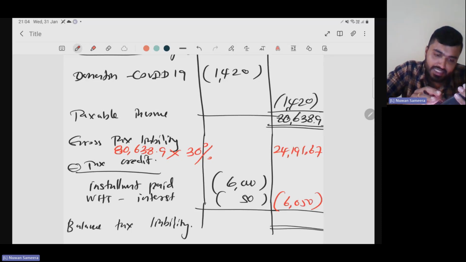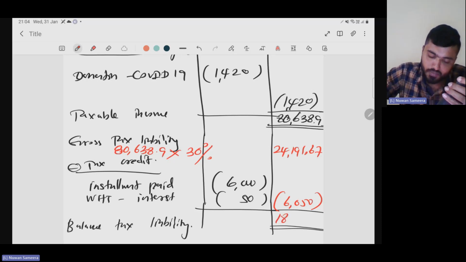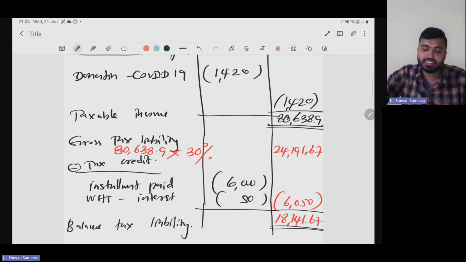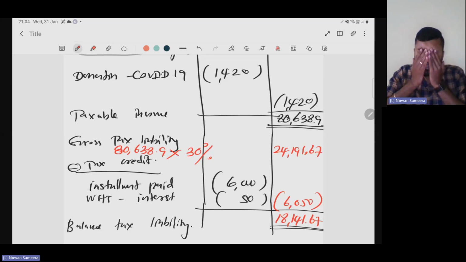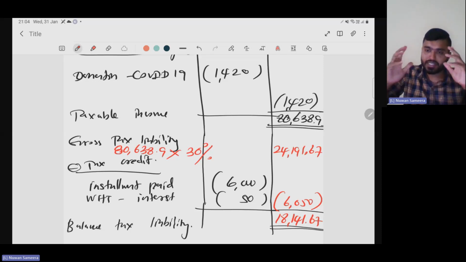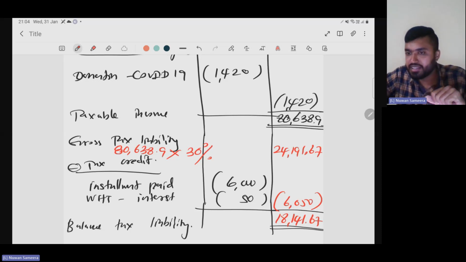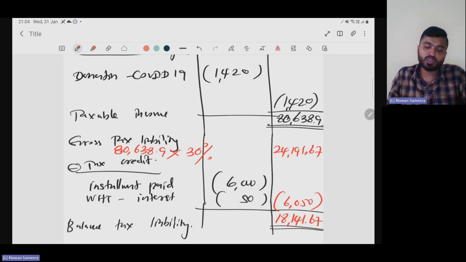So once you deduct the 6,050 from the gross tax liability, you get 18,141.67 as the balance tax liability. So this is how you apply the tax rule to calculate the company tax liability.